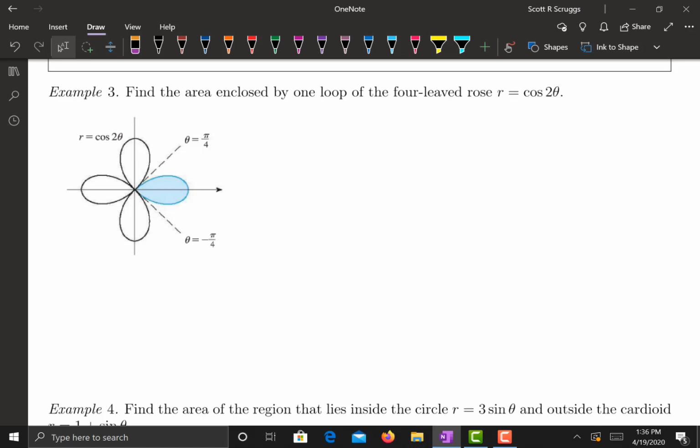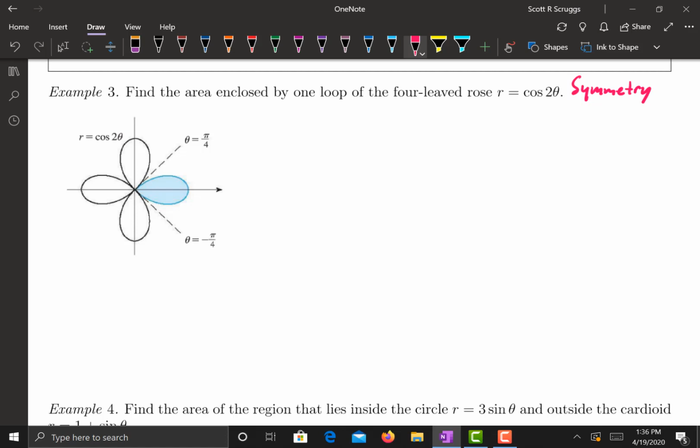So we're going to find the area enclosed by one loop in that 4-leaf clover. My advice whenever you're taking area of a polar curve is to always use symmetry.